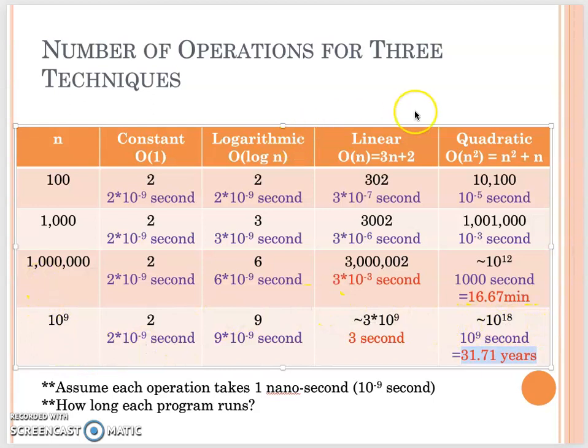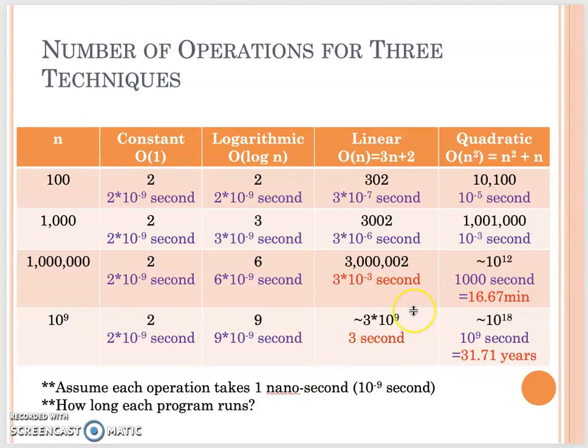For small data, it doesn't matter how you write your code or how inefficient it is. But in a big data situation, your algorithm actually affects your runtime a lot. That's why when we handle big data, we really need to be careful about our algorithm.